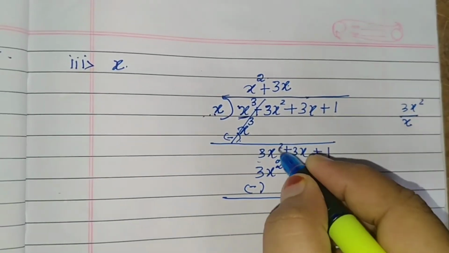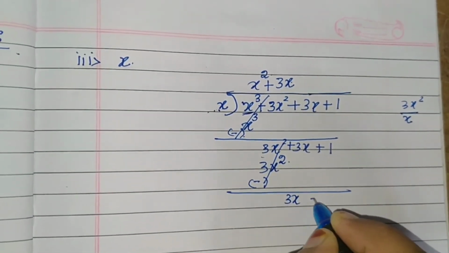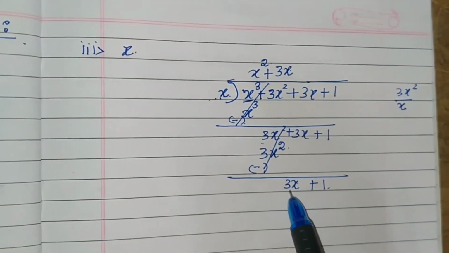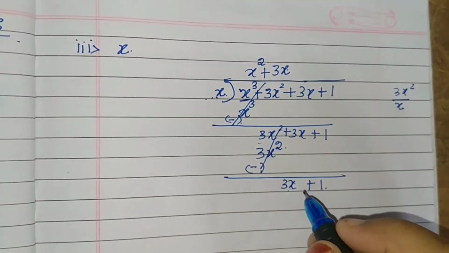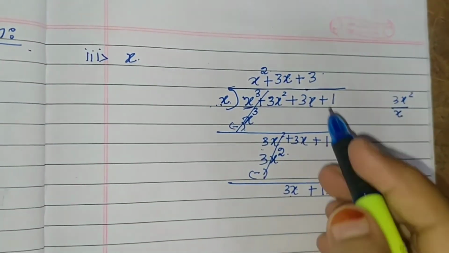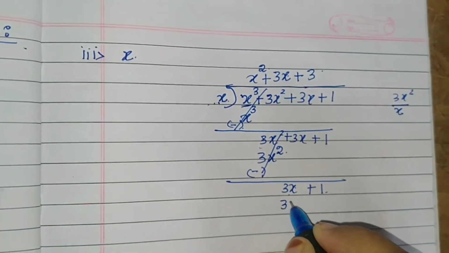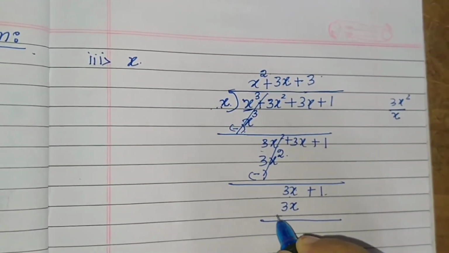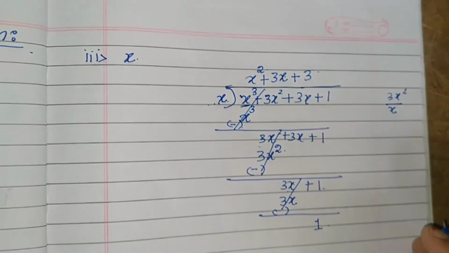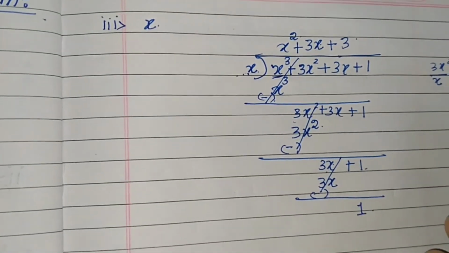Change the sign, cancel it, take it down again. So here also the same procedure, 3x divided by x, x and x will get cancelled. What is remaining? 3. Yes. So 3 into x is nothing but 3x. Change the sign. So the remainder is over here, 1.